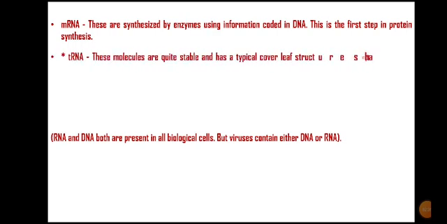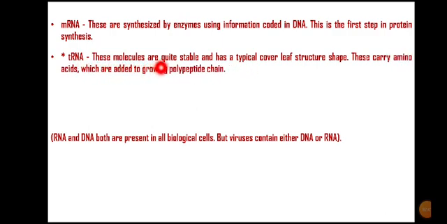Second is tRNA. tRNA are the molecules that are quite stable and have a typical clover leaf structure shape, and these tRNAs are responsible for carrying amino acids, and these amino acids are added to the growing polypeptide chain.